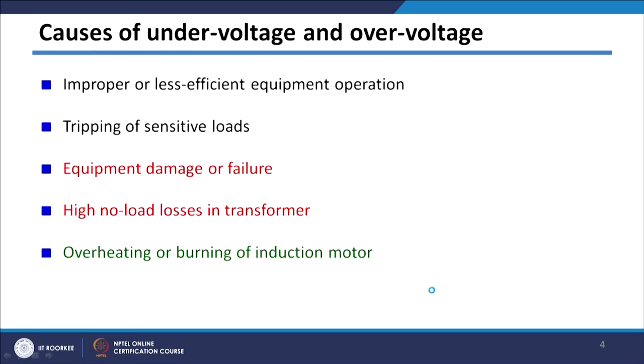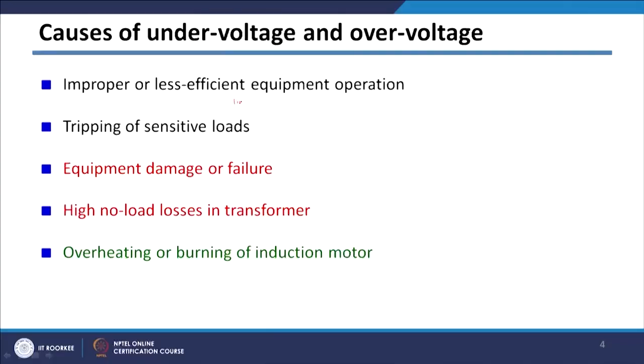We should know why we need to keep these voltages within that particular limit, because if the voltage variation is allowed, say under voltage or over voltage, there will be improper or less efficient behavior of your equipment. Whatever lighting load is there will not illuminate properly, and if there are motors connected, they may run slow or run fast during under or over voltage conditions.